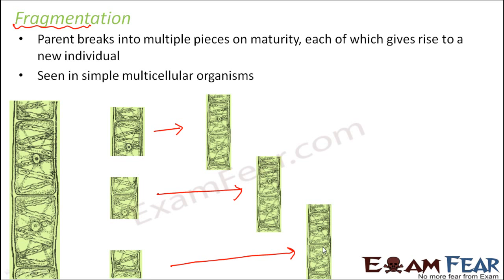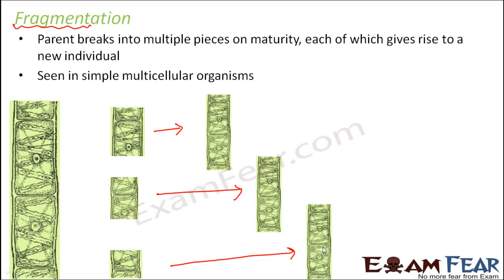Now, why is it not possible for complex multicellular organisms? That is because complex multicellular animals are not just a collection of cells. There the cells are organized or specialized to form specific tissues which perform specific functions, and those tissues form organs, and the organs form organ systems. So cell by cell division is not possible in multicellular organisms.